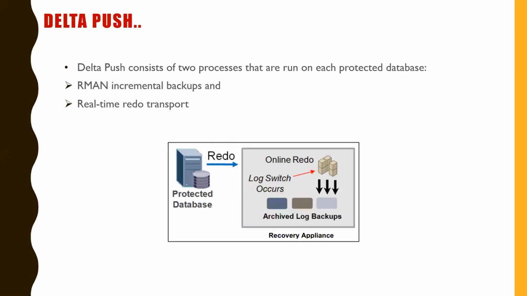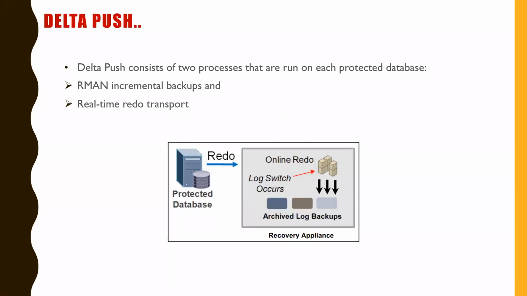So here is another depiction to understand how the redo will be transferred from the protected database to the recovery appliance. Whenever you perform a log switch, it will create an archive log, right? Before the archive log switch, it can even access the data directly from the online redo log buffers, and there will be real-time sync happening with the recovery appliance.